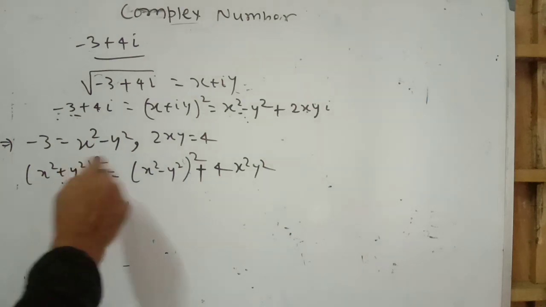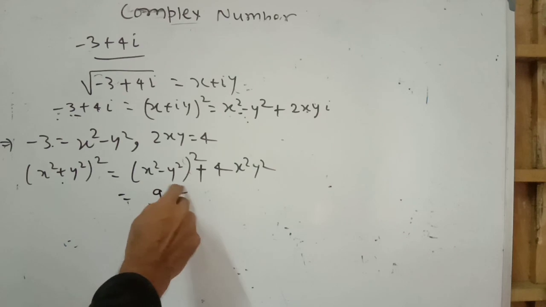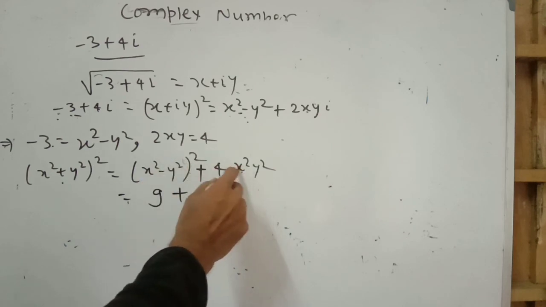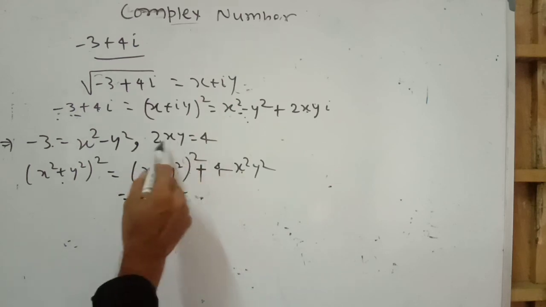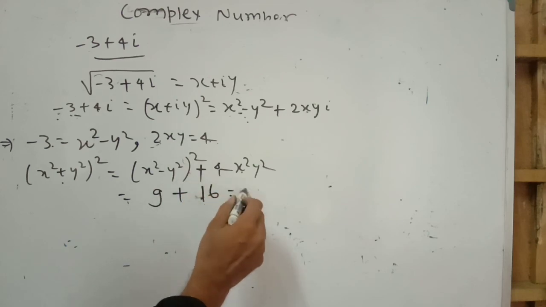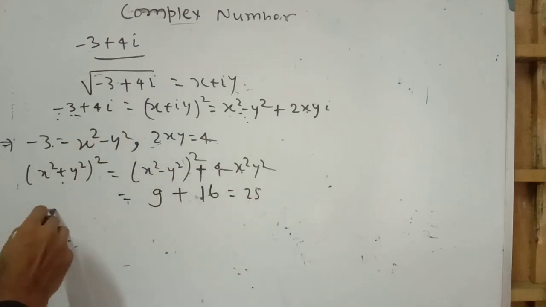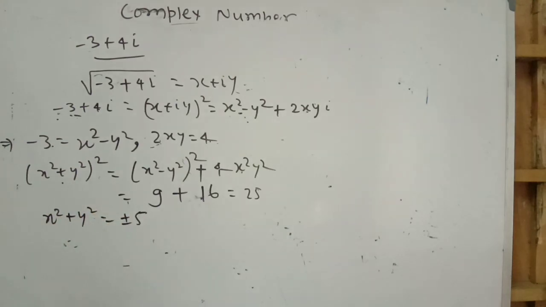After that you put the values. So minus 3 square is 9. And 4x square y square, when you square 2xy, becomes 16. So 16 and 9 make 25. So when you find x square plus y square it will become plus minus 5. So there are two values.